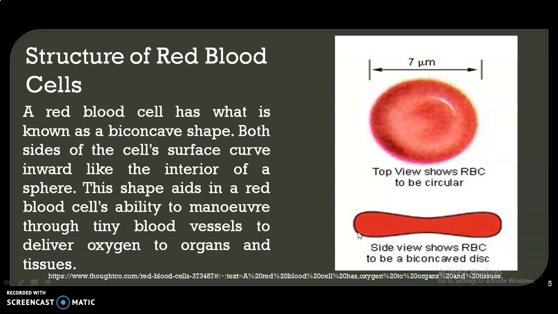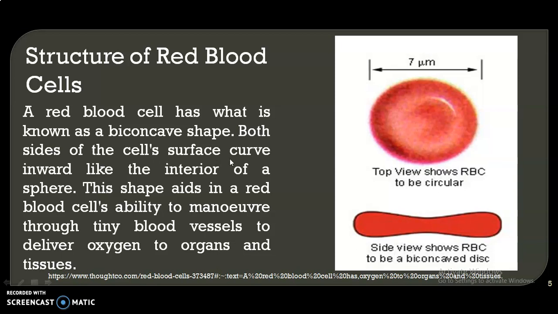You see that the middle part of the red blood cell on both the lower side and upper side is curved inwards, and such a shape is called concave shape. And because the surfaces are curving inwards on both upper and lower sides, this shape is called biconcave shape.